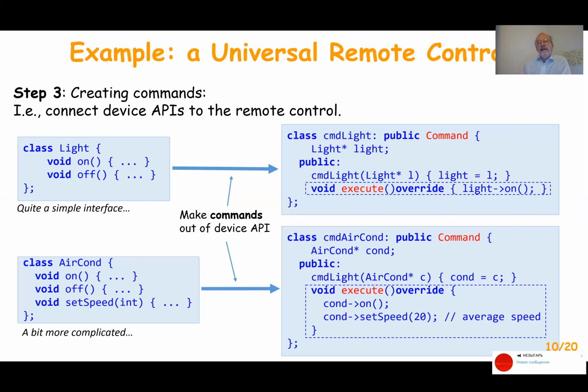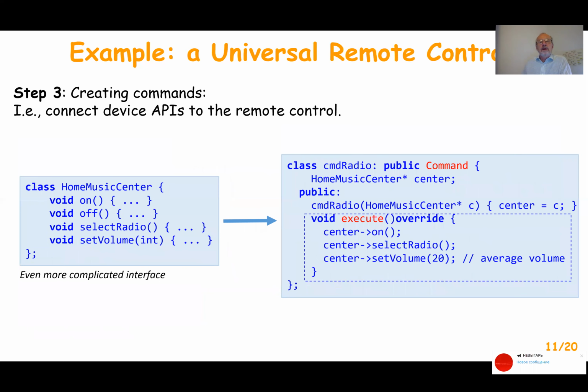Okay, let's try to have a more or less full picture. Let's consider one more command. Suppose I have a home music center. It is also programmable. Therefore, it has some API. Of course, on and off functions with obvious semantics.